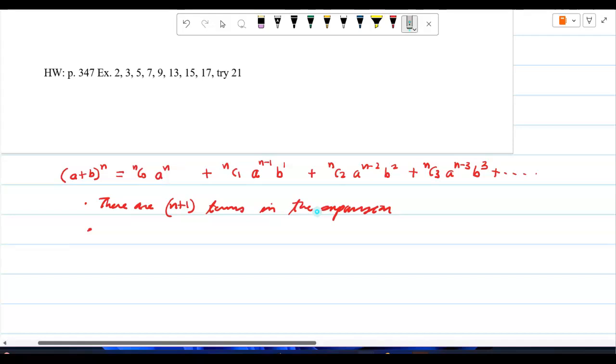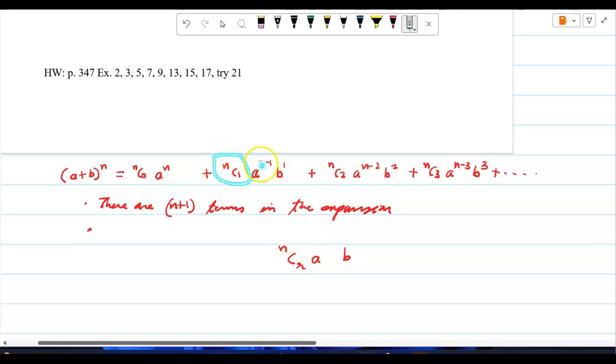If I want to write it generally, what do I write? If I have a term nCr, what will a be raised to and what will b be raised to? Look at the pattern.